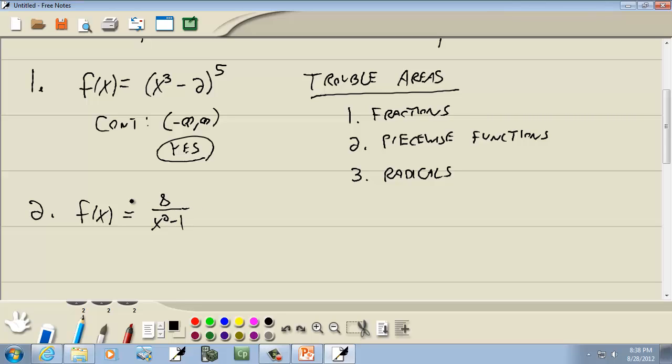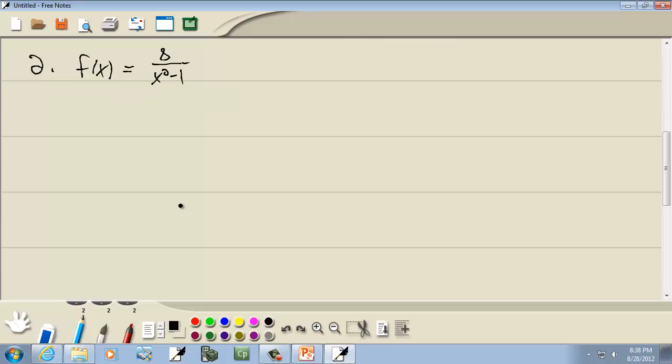Now we're going to approach this from the other side. Instead of looking at where it's continuous, we're going to look at where it's discontinuous. So when you have a fraction, actually let me erase that. This is for fractions.